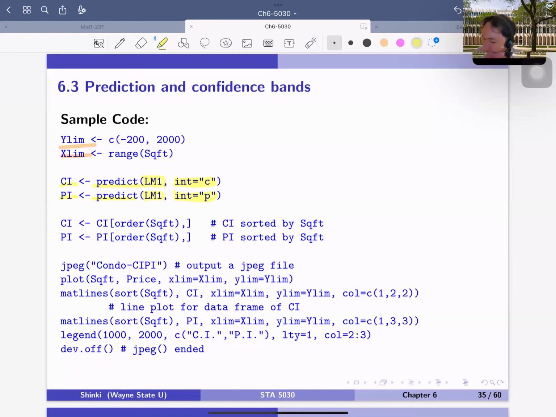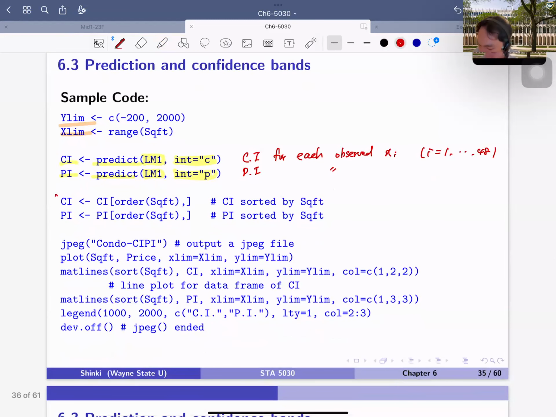So we can calculate CI and PI. This calculates the confidence interval for each observed x value, x_i. And this is the prediction interval for each observed x_i, so i is 1 to 48 in this case.